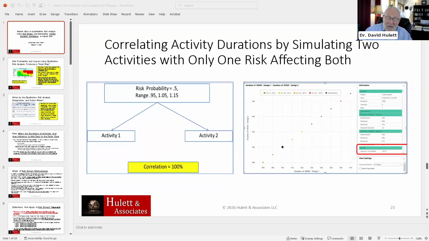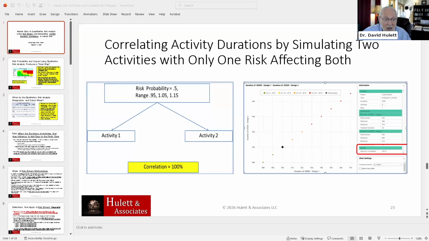Okay, now having said I'm going to do this, I'm going to use risk drivers. The only difference is that the impact is based upon the multiplicative factors being applied to the scheduled duration or the remaining duration. Assigning the risk drivers to multiple activities, those activities become correlated in simulation automatically.